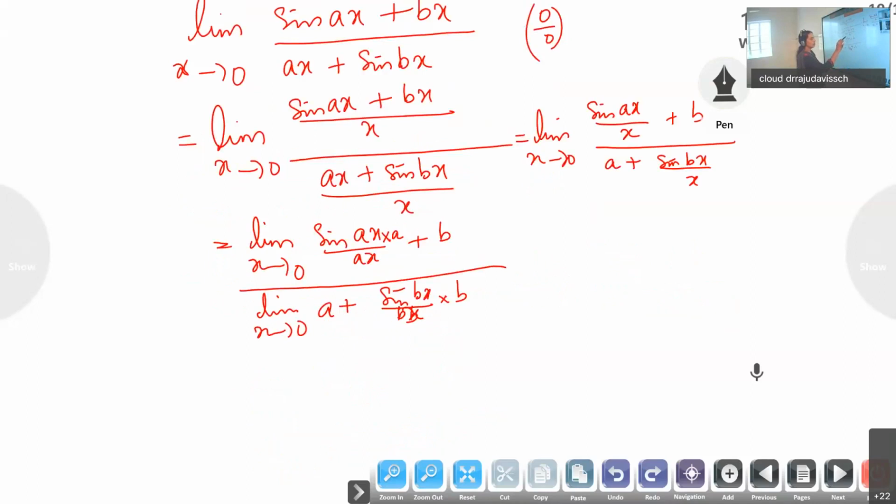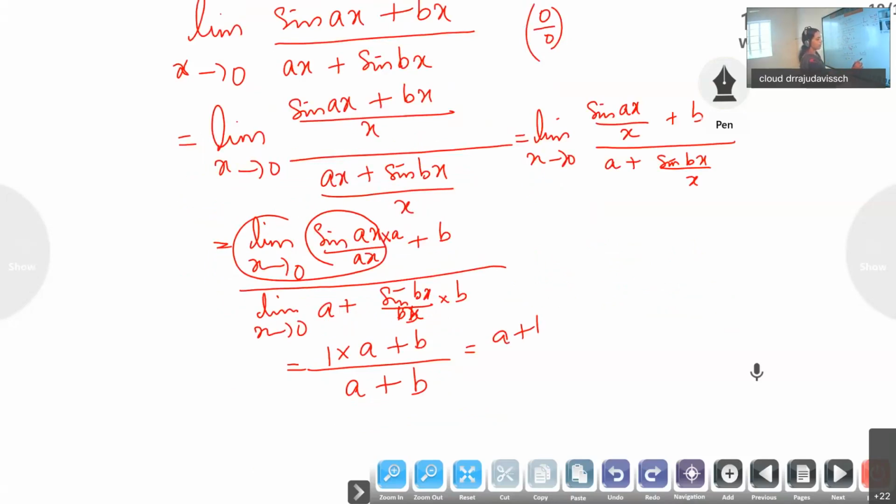Now, limit theta tending to 0, sin theta by theta is 1. So 1 into a plus b, by the denominator, which is again a plus b. So it is a plus b by a plus b.